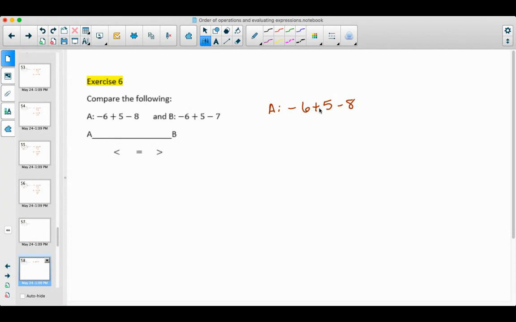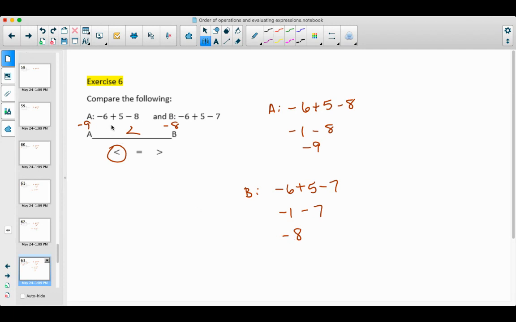The next one is negative 6 plus 5 minus 7. Left to right, negative 6 plus 5 is negative 1 again. And then I'm subtracting 7, so that gives me negative 8. And then again, negative 9 is less than negative 8 on a number line. Okay? So we have less than, we write that in there.